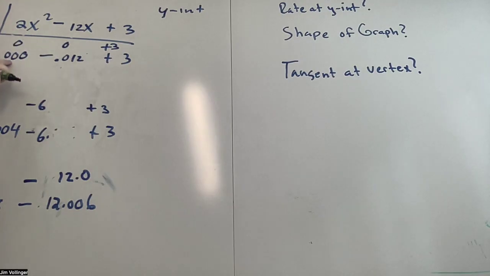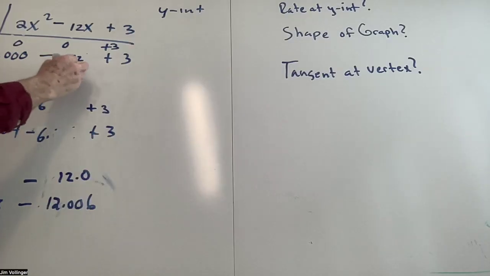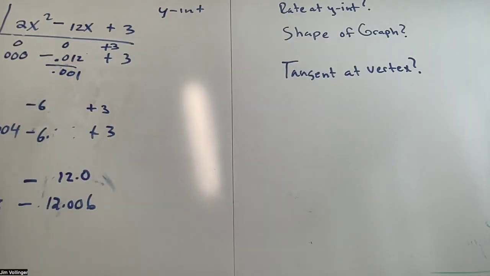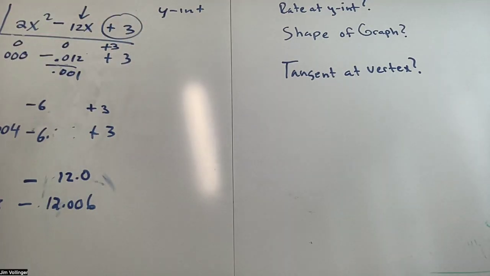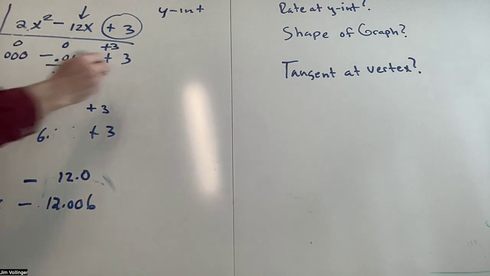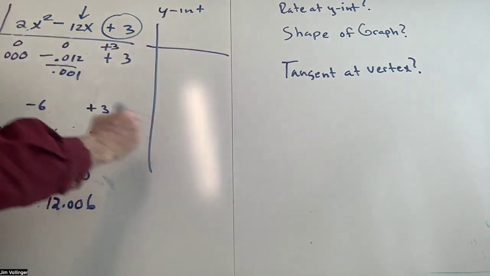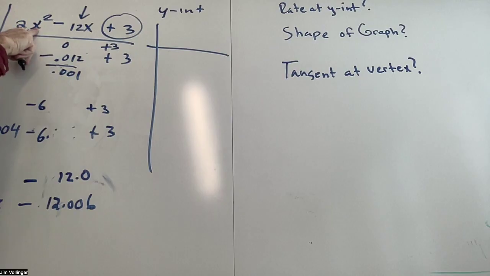Okay, so we can see the y-intercept is 3, but what do we now know? Well, that's not changing at 0, and this is going down at 0.001 into negative 0.012. Well, that's a heck of a coincidence that I'm going down at 12 to 1 at the y-intercept. Well, that's useful information. Oh, and I know x squared changes by what? Well, wait a minute, I don't want to change it here. Let's do the rate over here. All right, I know x squared isn't changing, right?